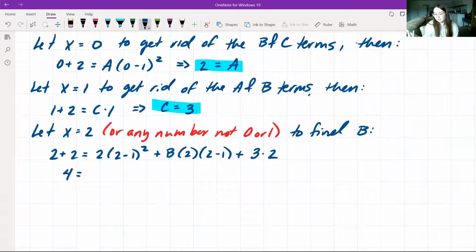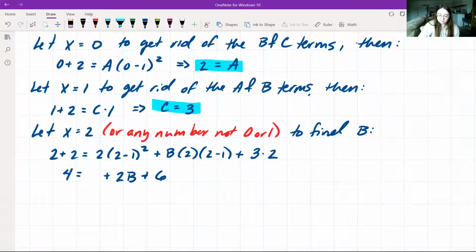Simplifying, 2 minus 1 is just 1, so that's 2 times 1 squared, which is 2. Plus b times 2 is 2b, times 2 minus 1, which is just 1, so plus 2b. Plus 3 times 2, which is 6.